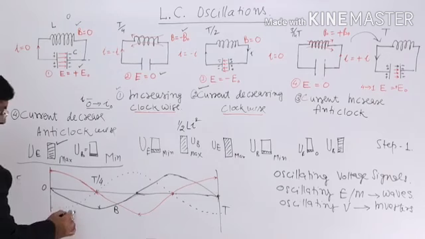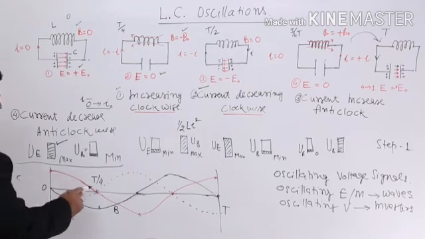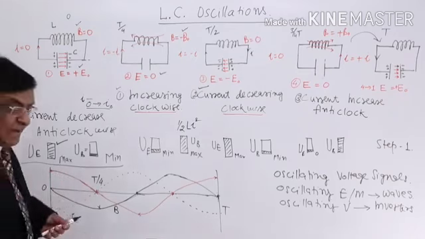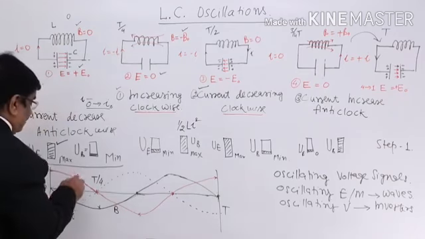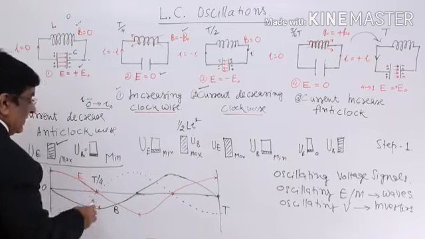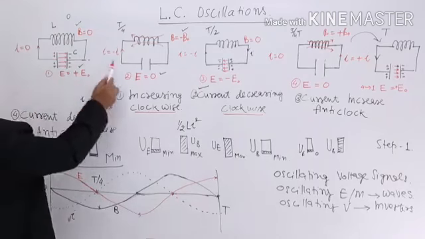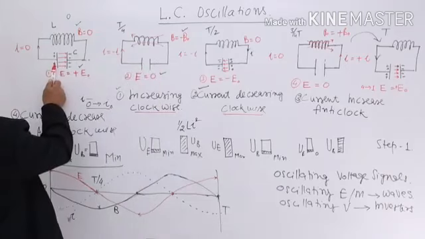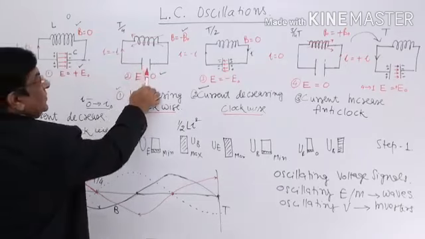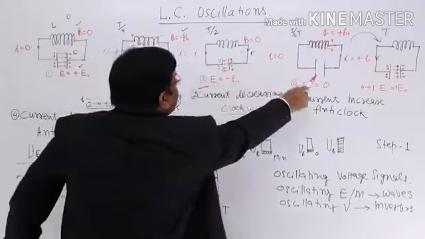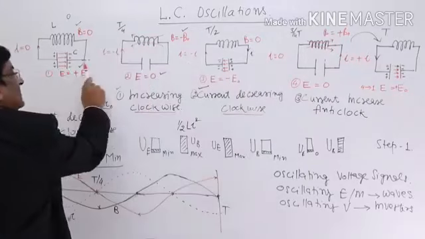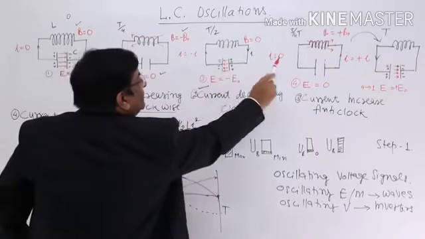This is I. So in this way, whether it is electric field, whether it is magnetic field, whether it is electric current, or whether it is potential across the capacitor. You see, this is plus V, 0, minus V, 0, plus V, 0, minus V, 0.